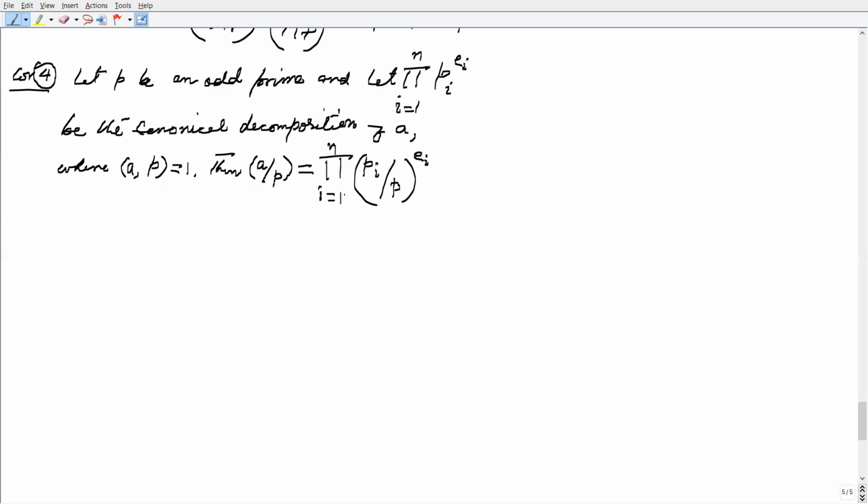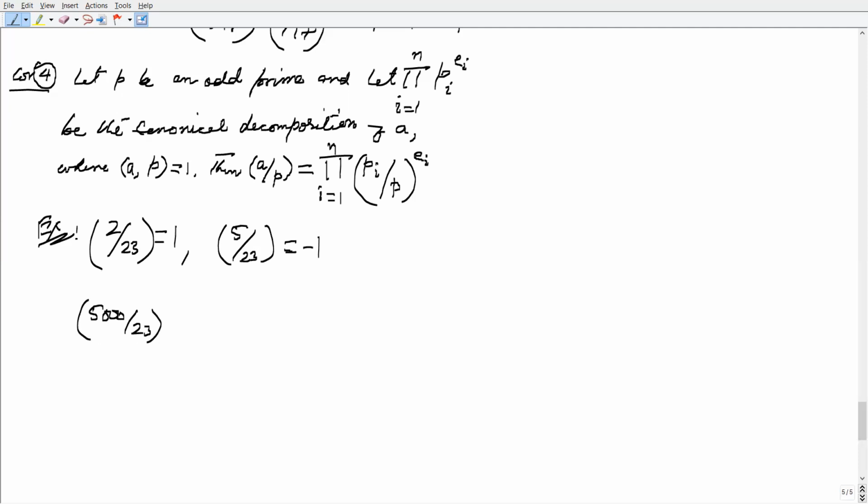Okay, let's apply this corollary in different cases. For example, the Legendre symbol of 2/23 is 1, it is given here, and the Legendre symbol of 5/23 is -1. So we can compute the Legendre symbol of 5000/23. We can find the canonical decomposition of 5000, which is 2 to the power 3 times 5 to the power 4.